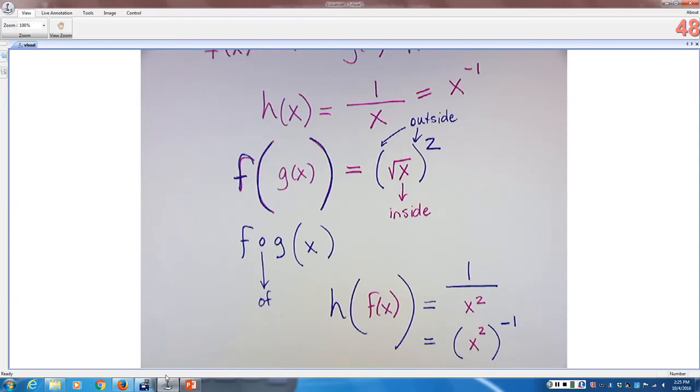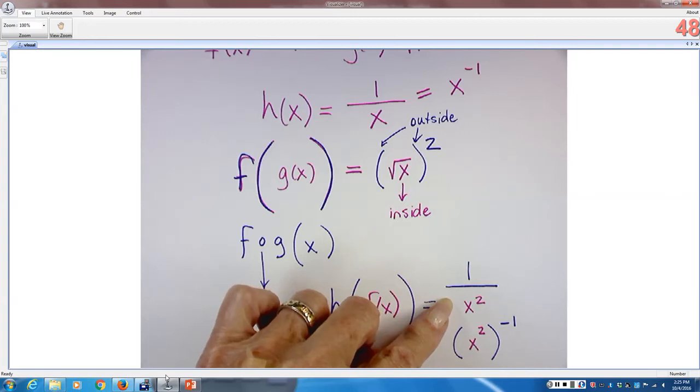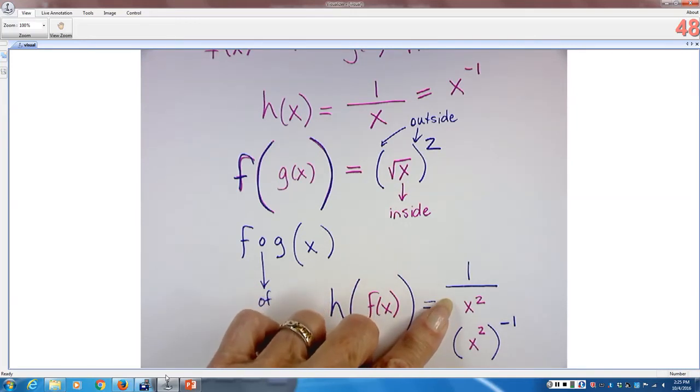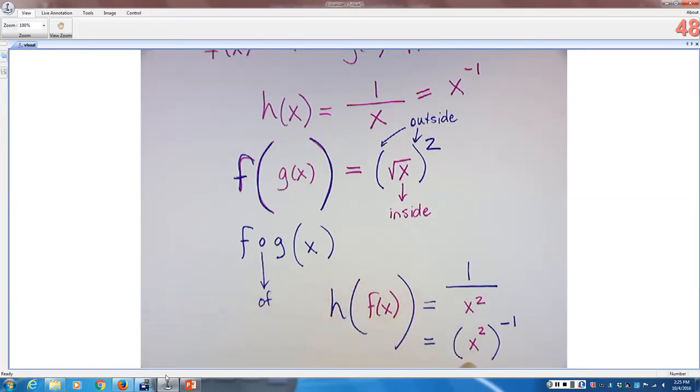And that does simplify to x to the negative 2 power, which is identically the same as this. So it didn't lose meaning. It has the same meaning. But can you see now what's the inside and what's the outside? Yeah. Here's your inside, and there's your outside.